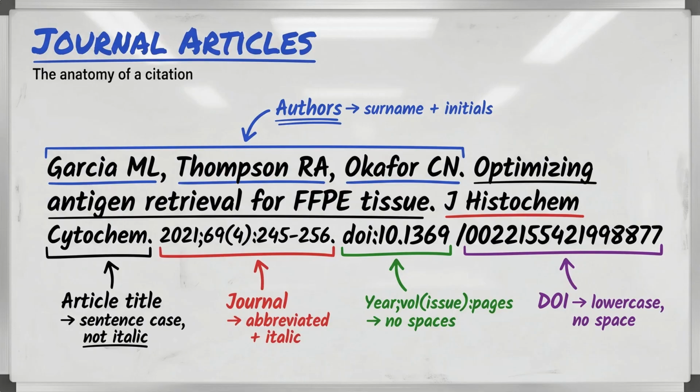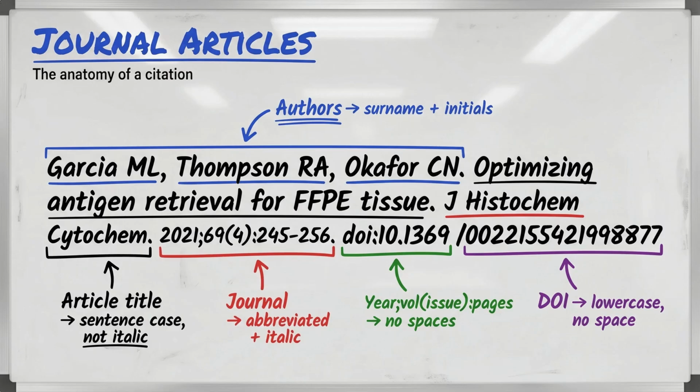Now that we've covered author formatting, let's put it all together for journal articles. Here is the pattern for a journal article, the source type you will use most. Read it left to right by color. Plum is the author's. Black is the article title, in sentence case, meaning only the first word and proper nouns are capitalized, and it is not italicized. Pink is the journal, which is abbreviated and italicized.